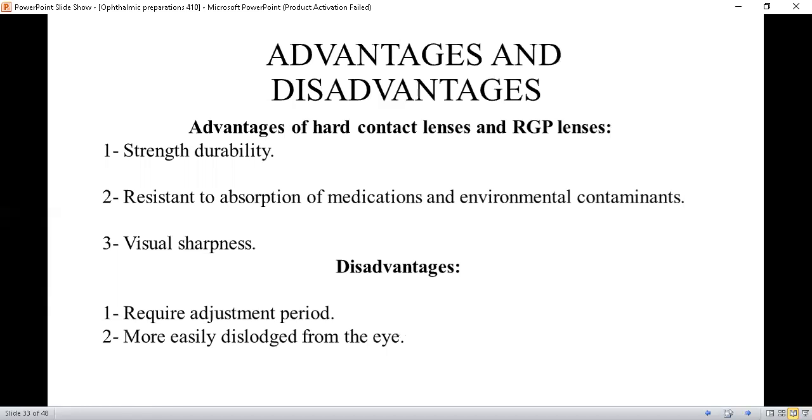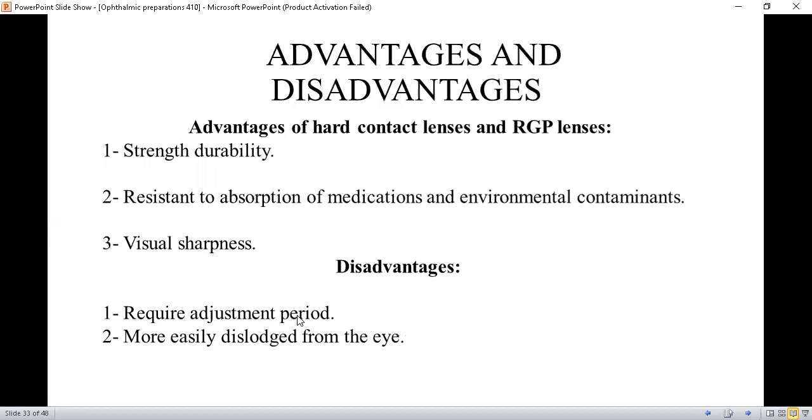Advantages of hard contact lenses and rigid gas permeable lenses: strength and durability, resistant to absorption of medications and environmental contaminants, and they also provide visual sharpness. And what are the disadvantages? They require an adjustment period, and they more easily dislodge from the eye, meaning they can change their position in your eye more easily.